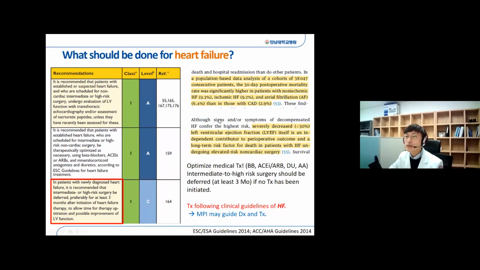So 1 in 10 of the patients can be dead in 30 days after surgery. So heart failure treatment therapy should come first in those patients.